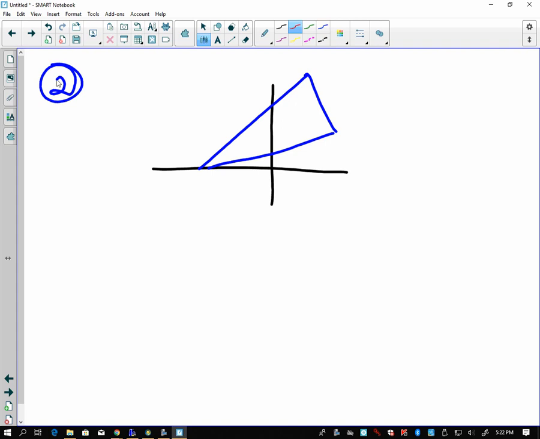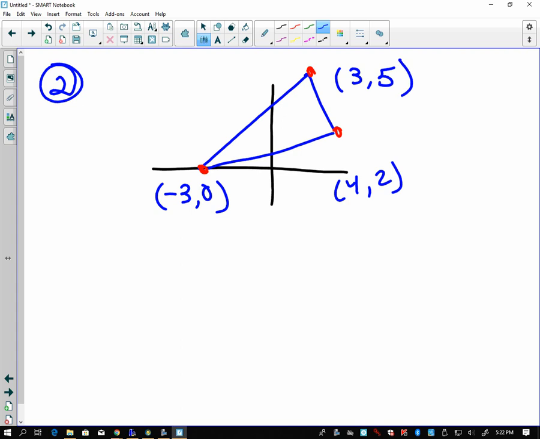And this is where I'm going to deviate from what I've done in the past. Let's say this vertex is -3, 0, this is 4, 2, and this is 3, 5.